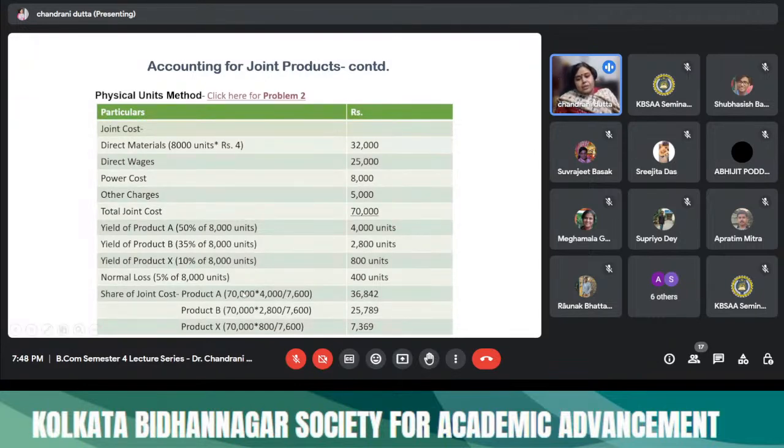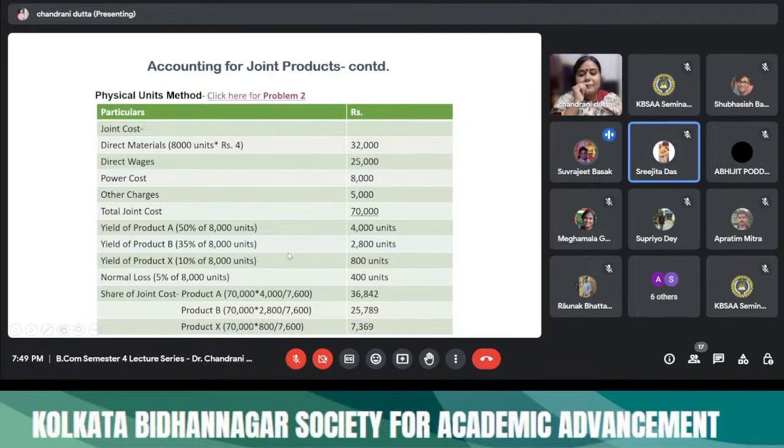So 70,000 divided by 7,600 into 4,000 gives the share of A, 36,842. 70,000 divided by 7,600 into 2,800 comes to 25,789, the share of B. And in the same way, 70,000 divided by 7,600 into 800 gives the share of X, which is 7,369. Is it clear? Have you understood?